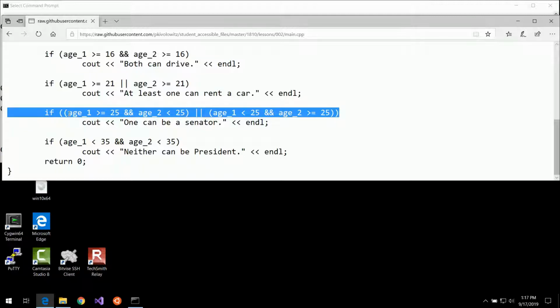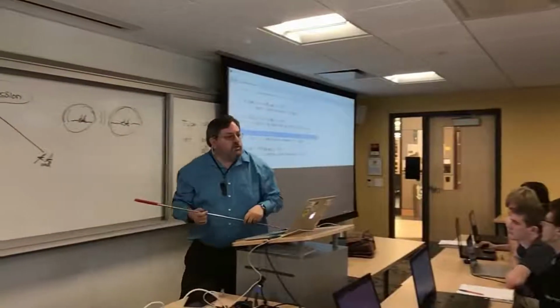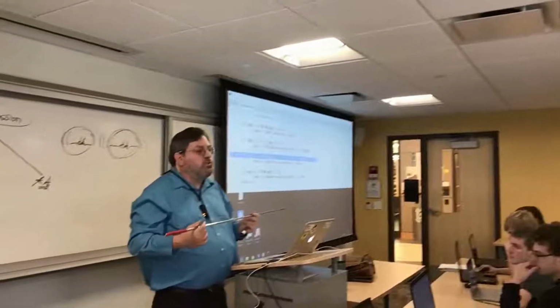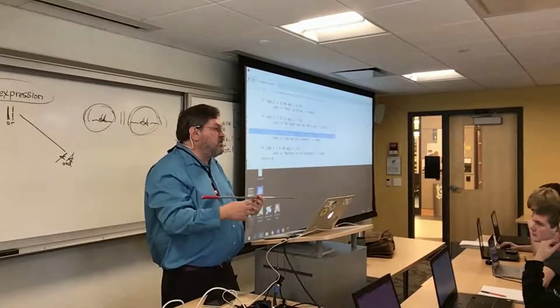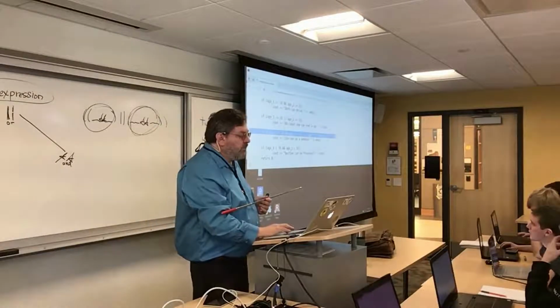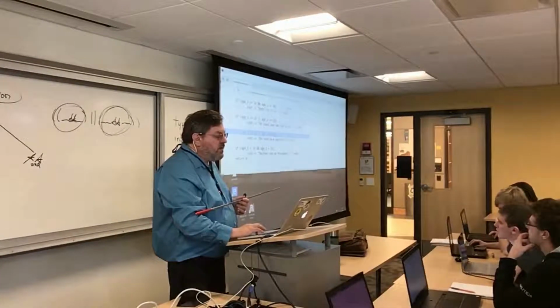Or age 1 better be bad and age 2 better be good. So either it's age 1 is good and age 2 is bad, or age 1 is bad and age 2 is good. So you can build up really sophisticated Boolean expressions using parentheses. Anybody have any questions about this code?